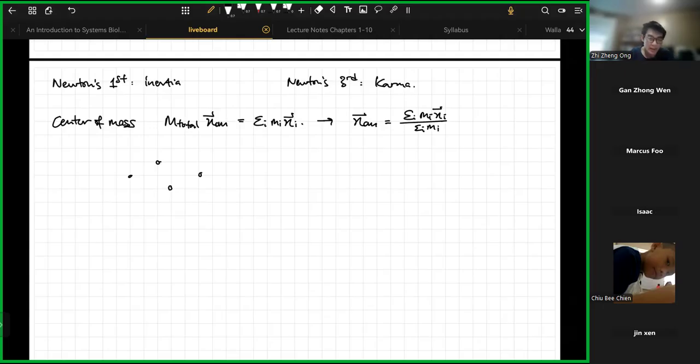The total mass is just the sum of the individual masses. This should remind you of statistics, right? This is just a mean with frequency m_i, and x_cm is just the weighted mean.